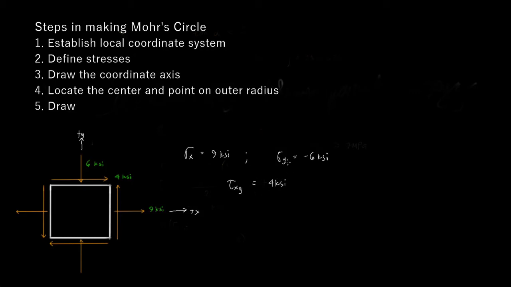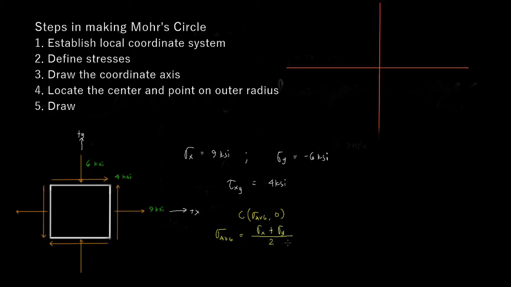Now that we have our stresses defined, we're ready to draw our coordinate axes. After we do that, we define our center. The center is sigma average, 0, and to find sigma average, it is equal to sigma X plus sigma Y over 2, and we have a value of 1.5 psi.